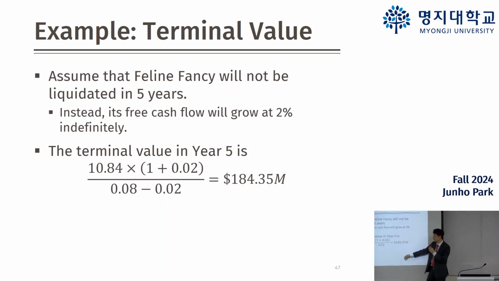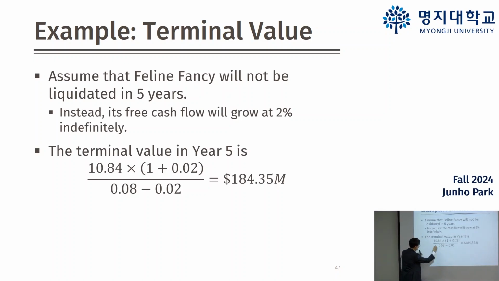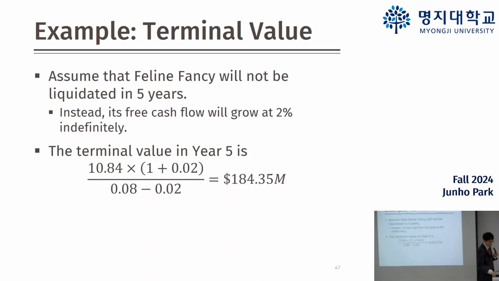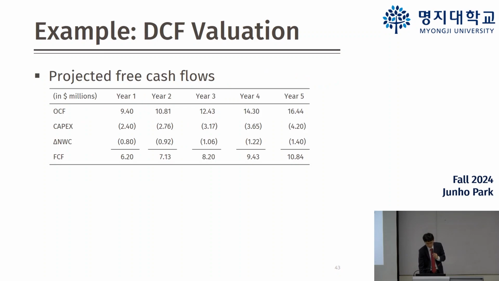$184 million approximately. However, here please note that in this calculation, we are using several numbers. Here 10.8, this was the free cash flow in year 5. So let me write down the numbers.